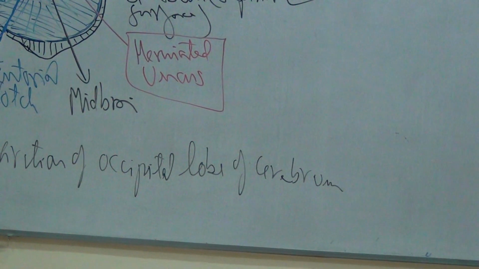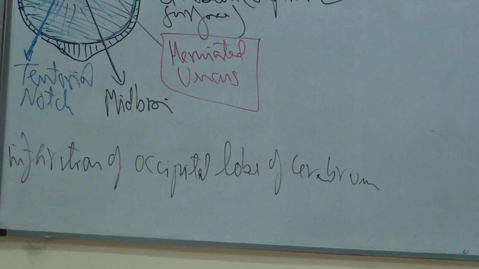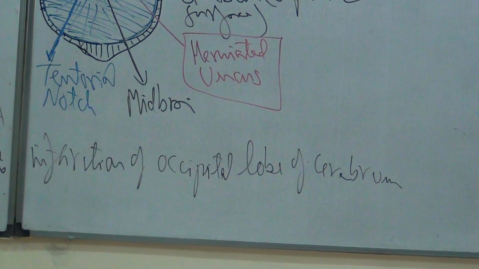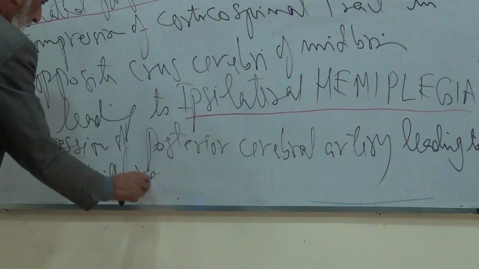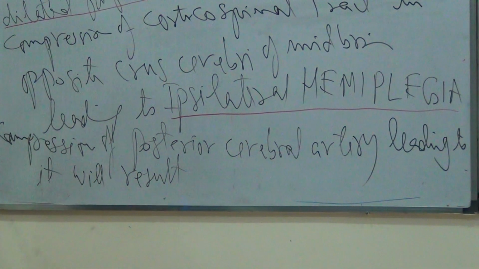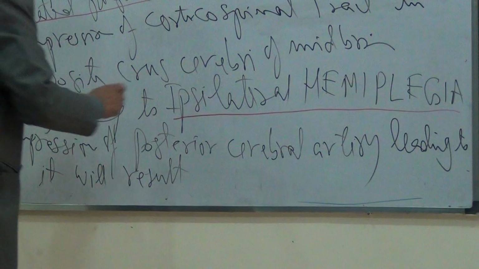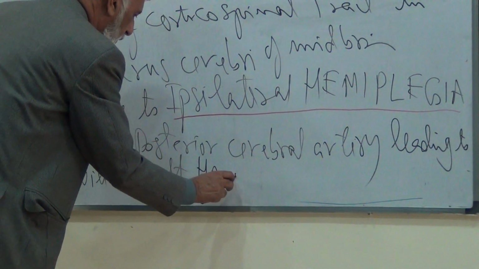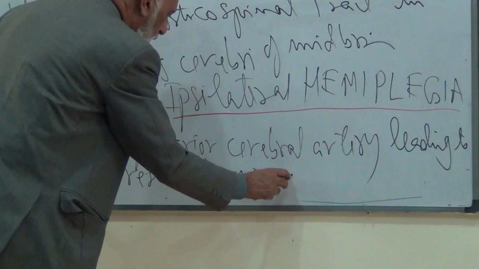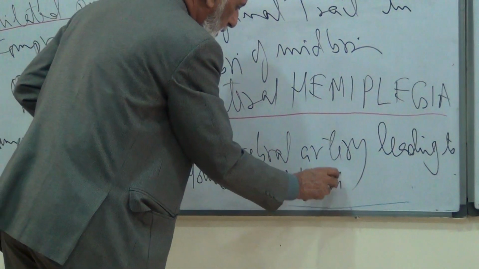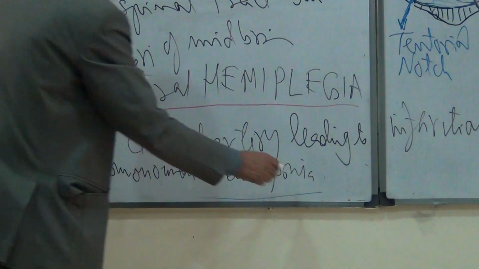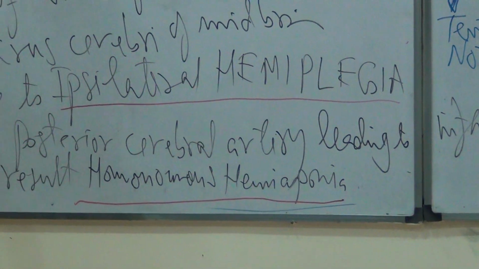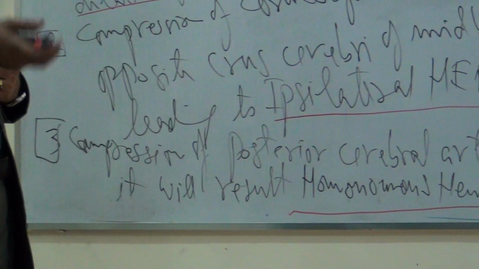Now, because the visual center is in the occipital lobe, posterior pole, it will result in homonymous hemianopia.